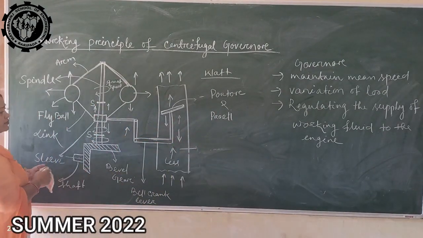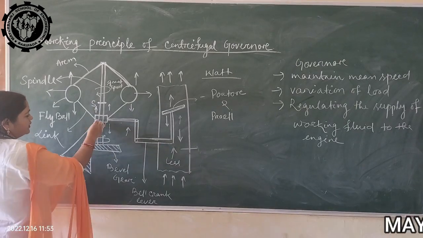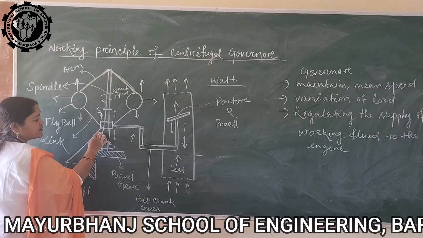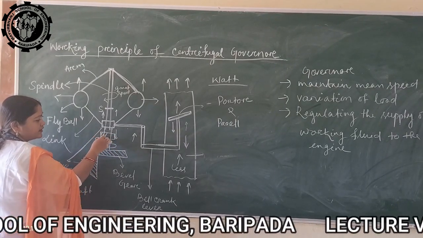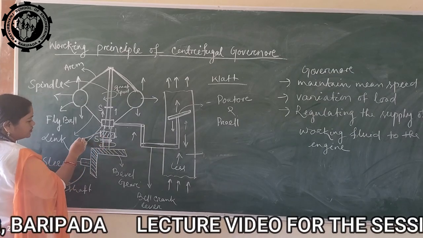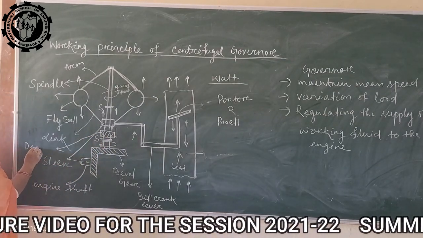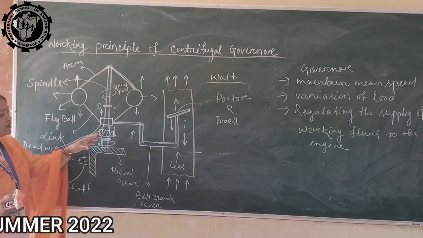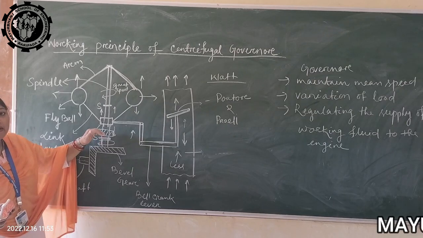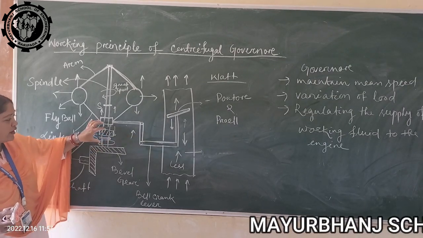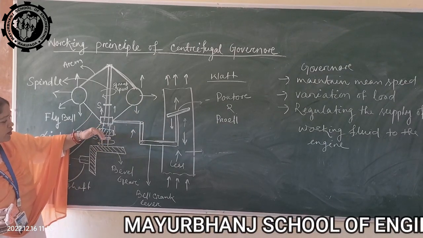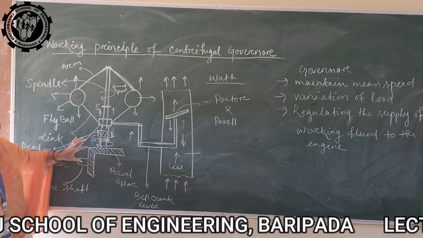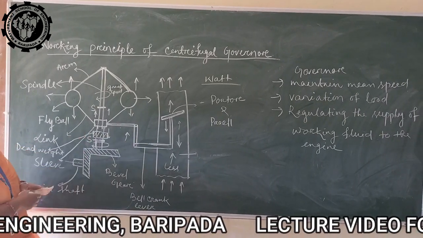The difference is that along with the sleeve, there is a dead weight present on the spindle. This is your dead weight. The dead weight gives a downward load to the spindle.